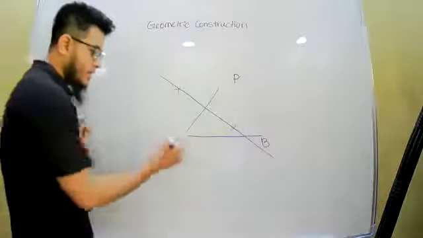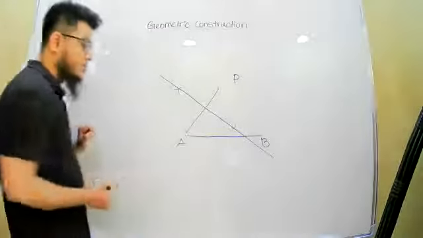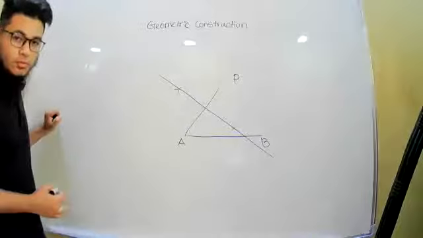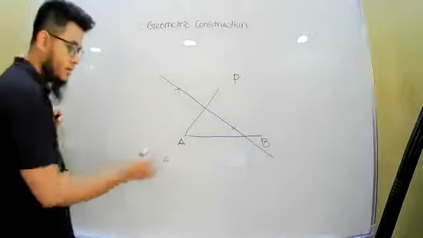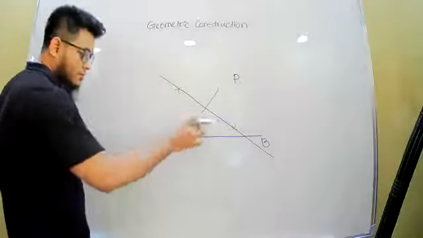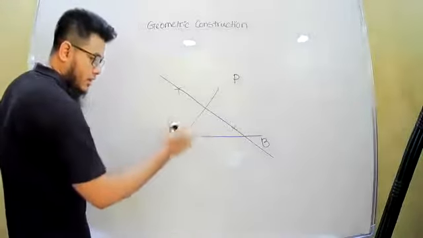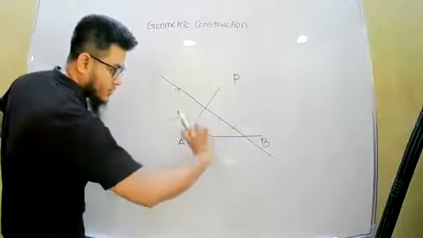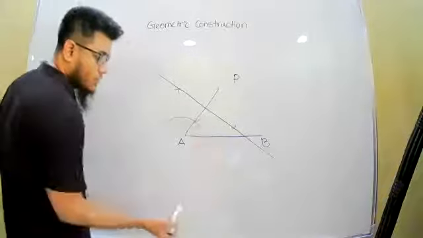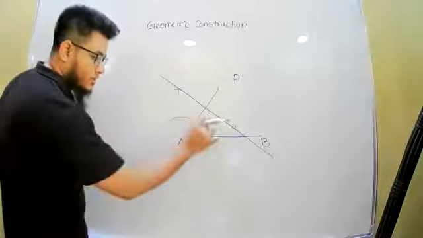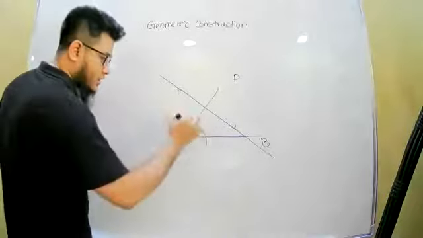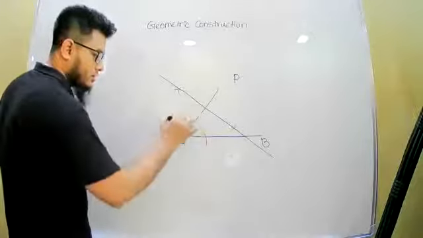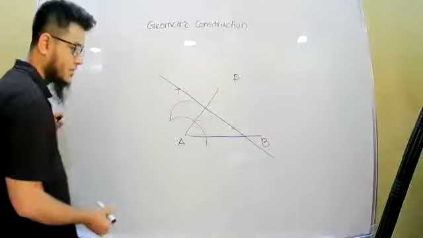Then the next step is you have to draw a perpendicular at point A. I hope you know how to draw perpendicular, right? You have to take any radius and draw one arc. Then, taking this one as the center, you have to draw another arc. Draw arc number 2. Then, taking this point as center, draw another arc, and this arc should be extended like this.